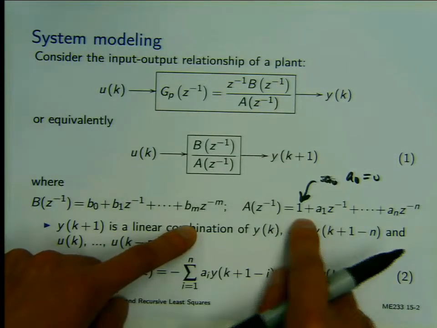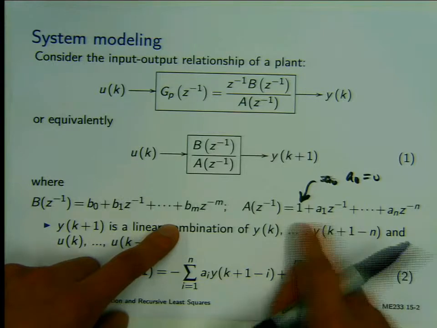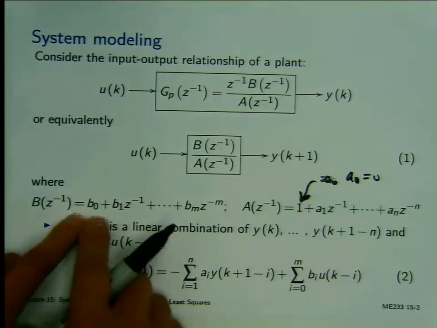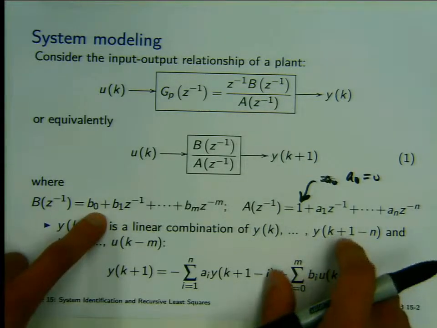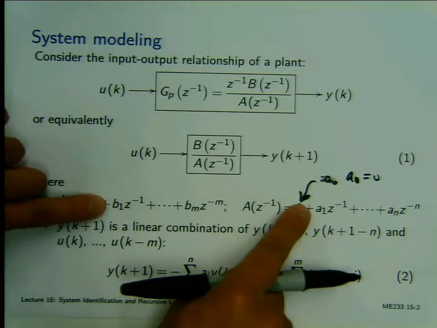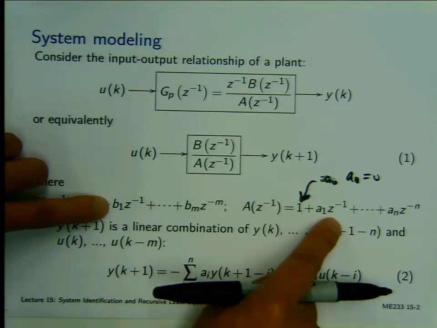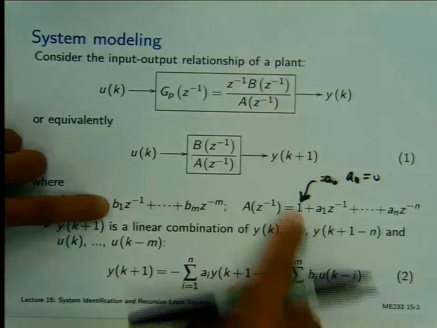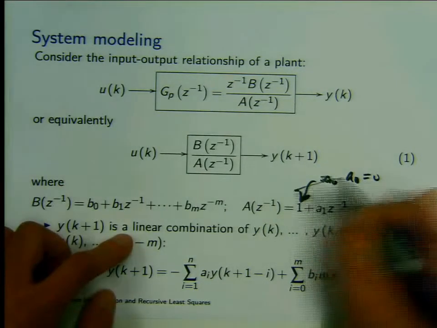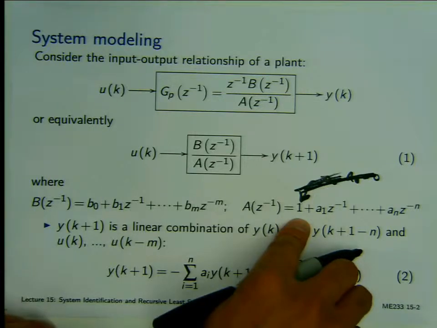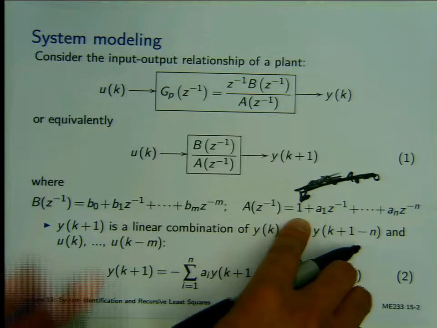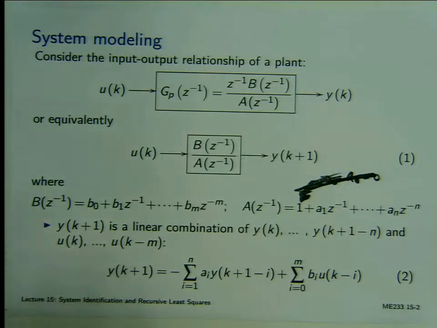You won't even know what's the order of the system, because if a0 is 0 and b0 can be 0 as well, then the order of the system will reduce, because you can factor out z to the power of -1 in both the numerator and denominator. That will give you all kinds of inconveniences. So we'll do it like this. That's possible. So that's why.